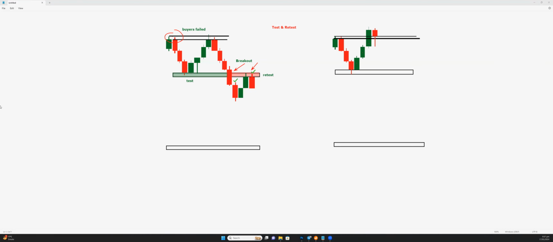Why? Because above the level, the resistance becomes a support. That's the reason: 3 green, 1 red, next candlestick will be green. That is the reason.